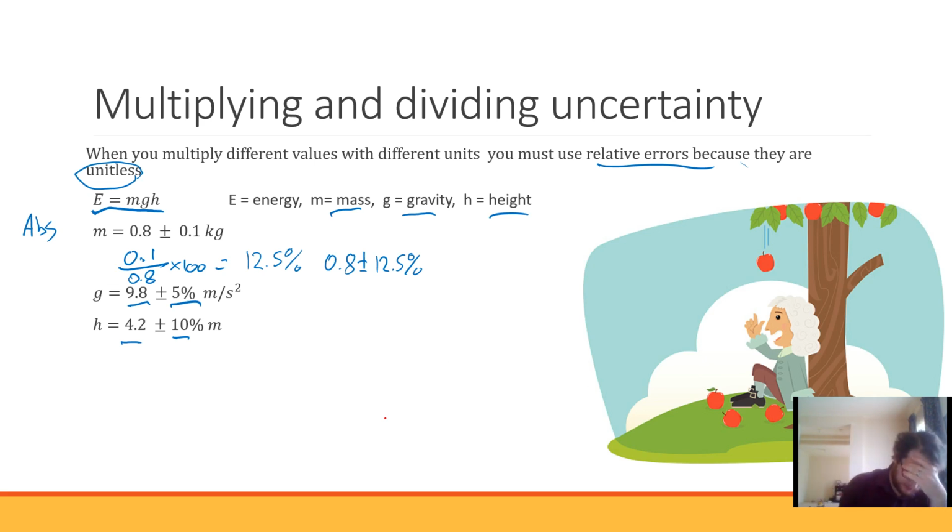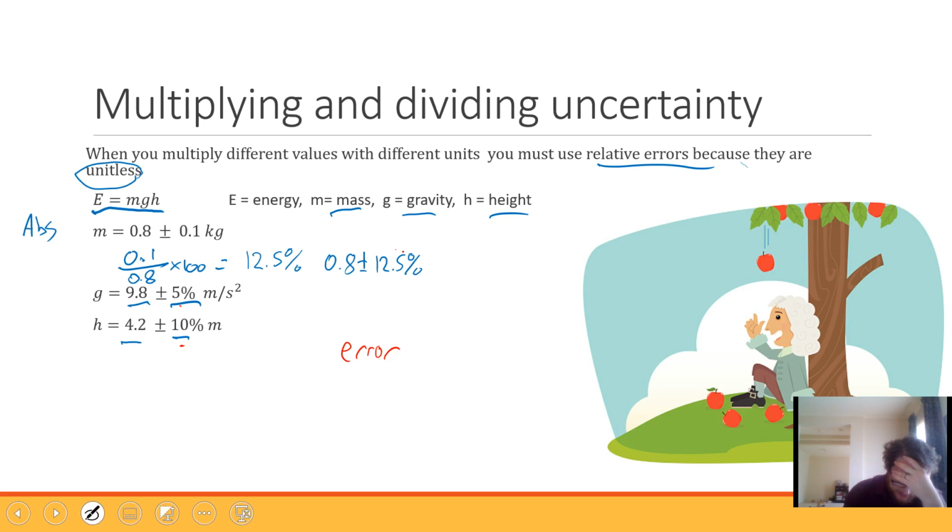So we've got these uncertainties. We've got 12.5%, 5% down here, and 10% down here. Now, the trick with multiplying and dividing by uncertainty is, for the error side of things, and this is the weird thing, you don't multiply these.